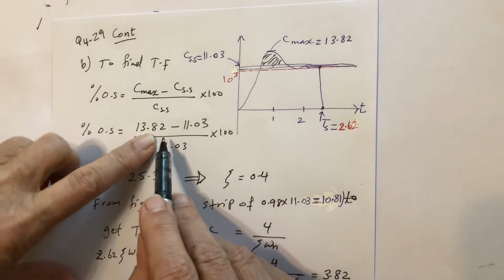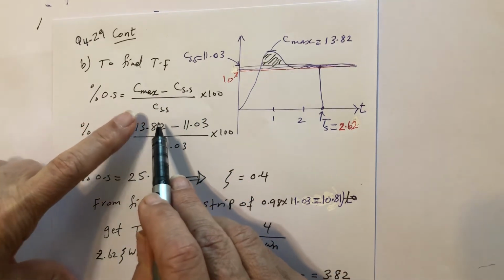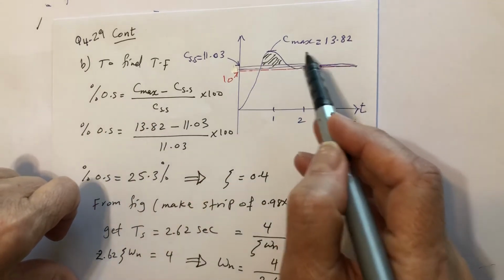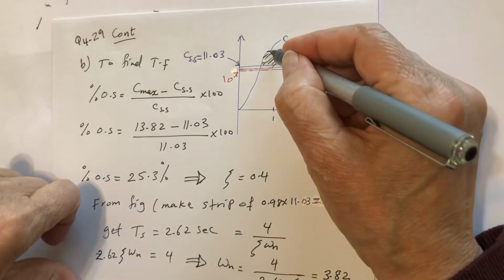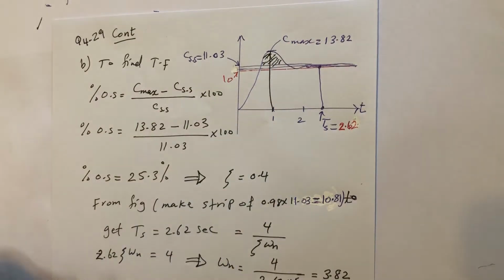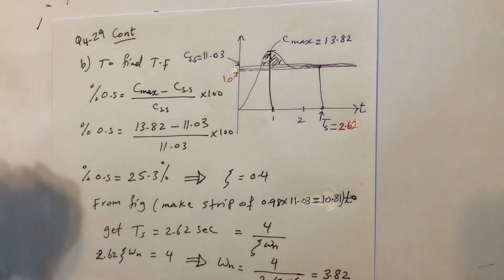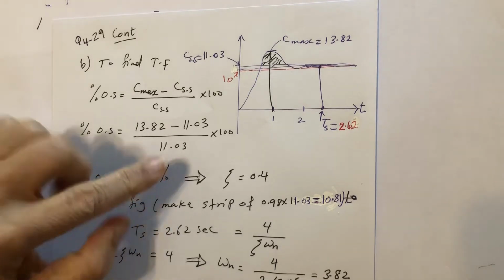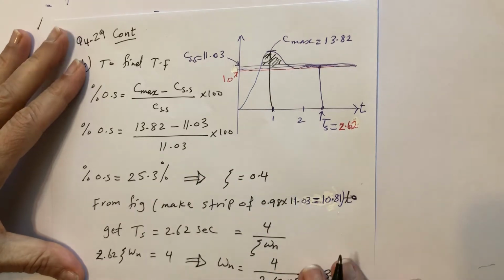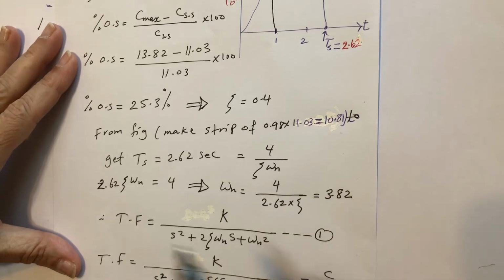So it's 13.82 minus the steady state value, over the steady state value, times 100. He's given me that the steady state value is 11.03. Multiplying by 100, I get the percent overshoot equal to 25.3 percent.